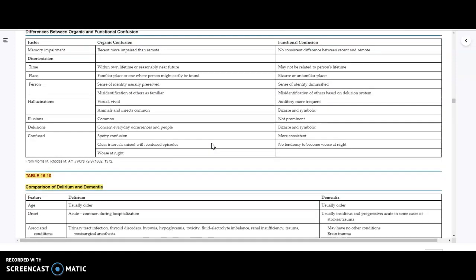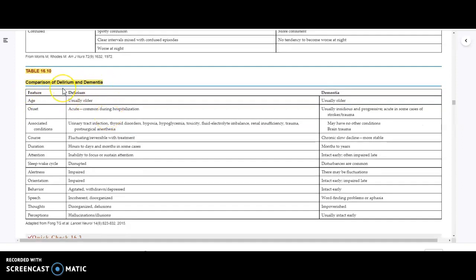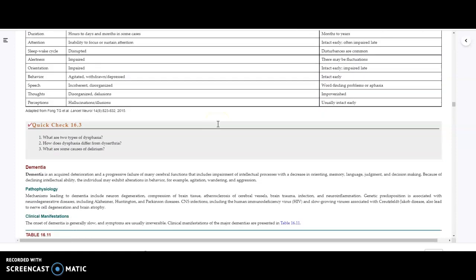So how do we work with that family and that patient? Good table 16-12 on the comparison of delirium and dementia. Usually I think about delirium going away, getting better, versus dementia, which is usually progressive and slowly declines. It gets worse with that individual. So there's a big difference between delirium and dementia.